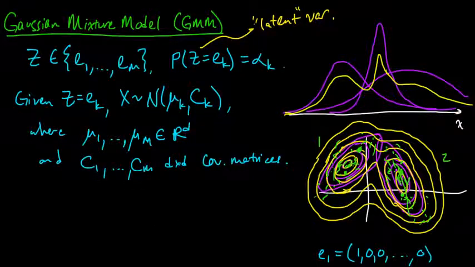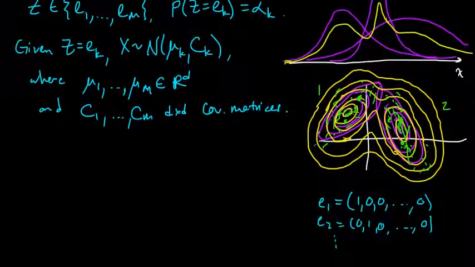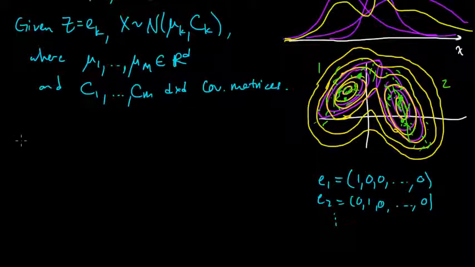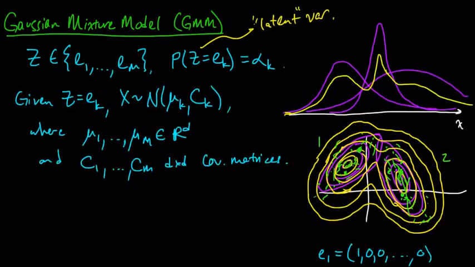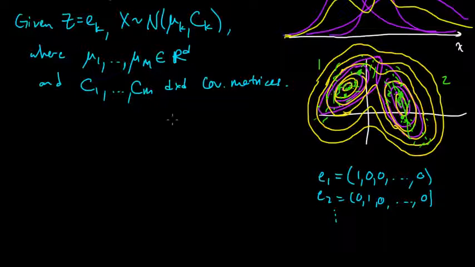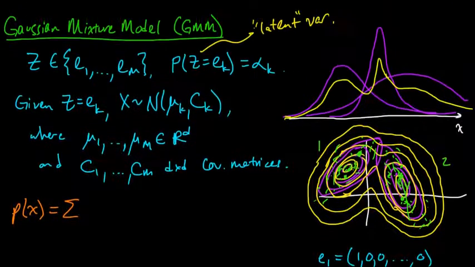So let's write down the density function for this model. Let's use this orange color here. First, let's look at the marginal distribution on x. That's really the thing we're going to be interested in.